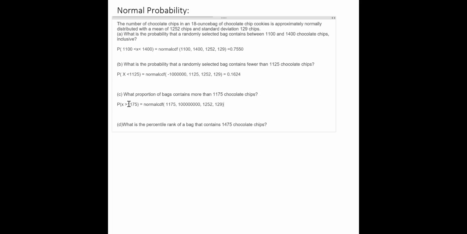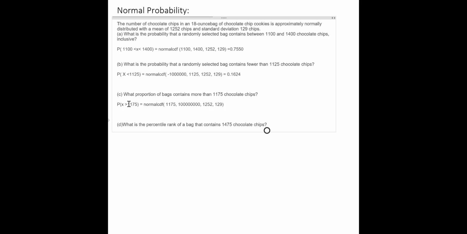Now part D: what's the percentile rank of a bag that contains 1475 chocolate chips? Percentile rank: if I tell you you are in the 90th percentile on the second test, that means 90% of the students scored below you.